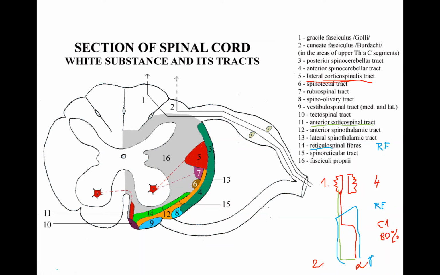Okay, do we have some other descending tracts? Yes, we have, of course. We have something which is called the rubrospinal tract, number 7 here. The rubrospinal tract comes from something which is called the red nucleus, nucleus ruber. So we have a red nucleus here in the mesencephalon, and we will talk about this. It's crossed and it descends down and terminates here. I'm sorry for that, I don't know how to get rid of it. Okay, I'll try it again.